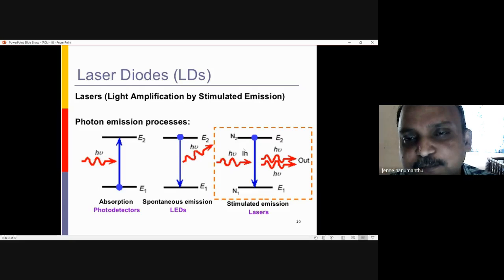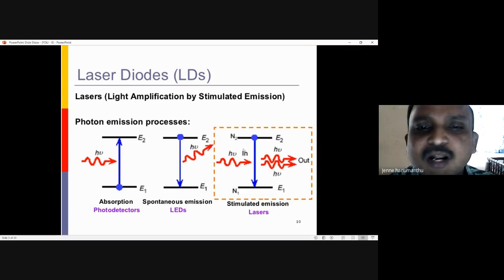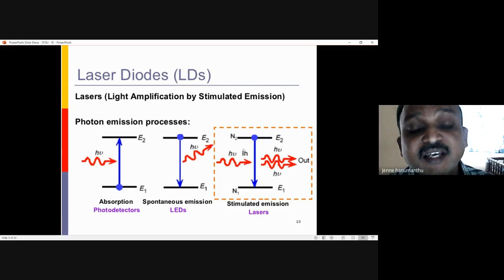But how do you create more atoms in the high energy state compared to the low energy state? It is a process of population inversion. So you have to create a population inversion in the material.